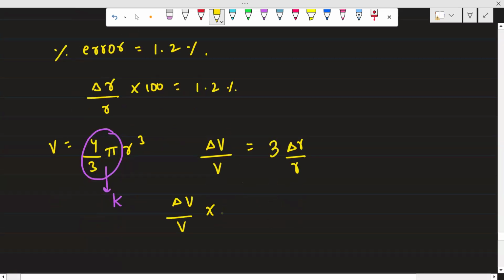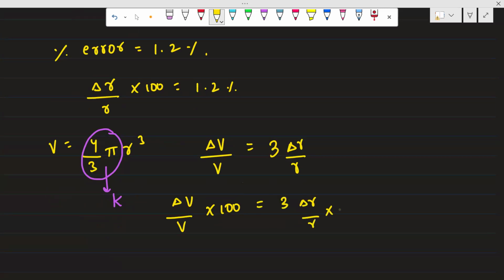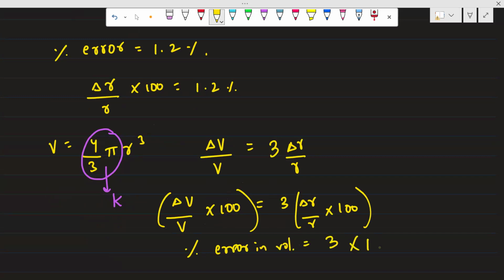So delta V by V into 100 is equal to 3 times delta r by r into 100. Remember, whatever is the power in the formula, that will come and be multiplied. So the percentage error in volume is 3 into 1.2, which is 3.6%.